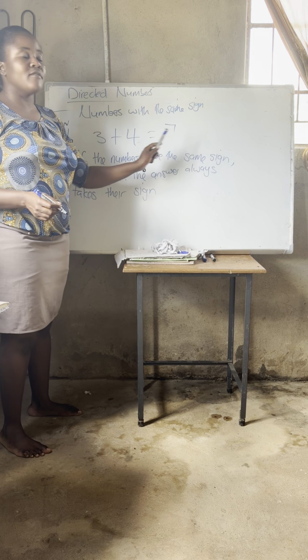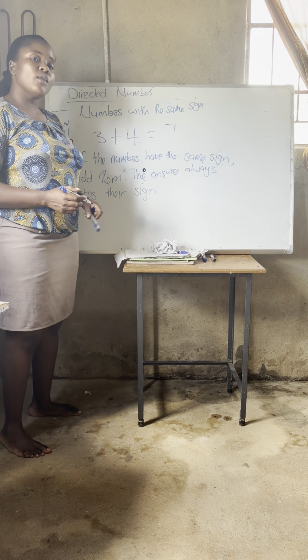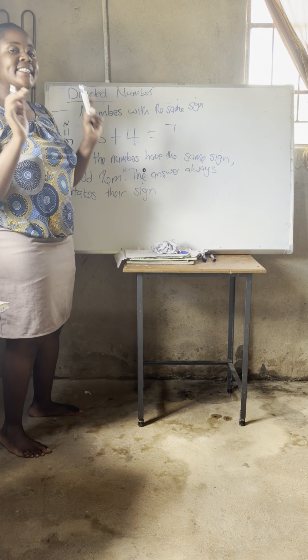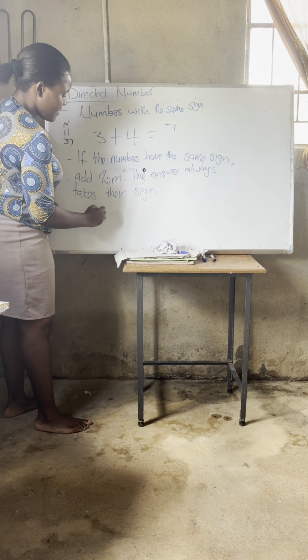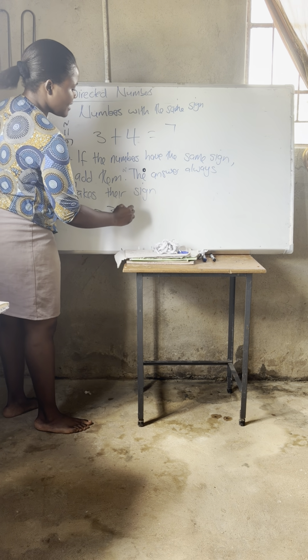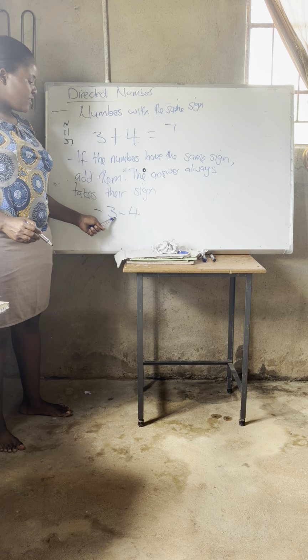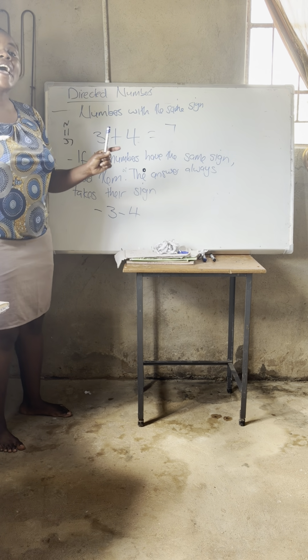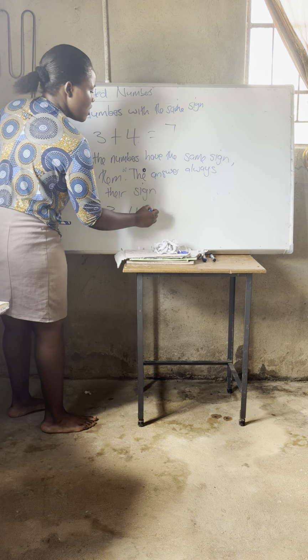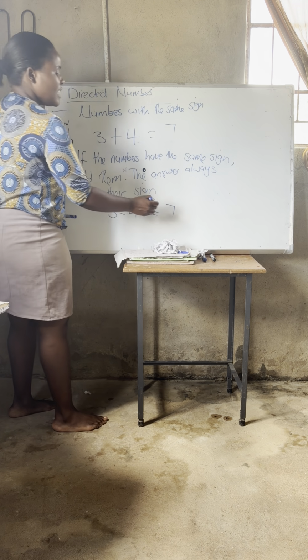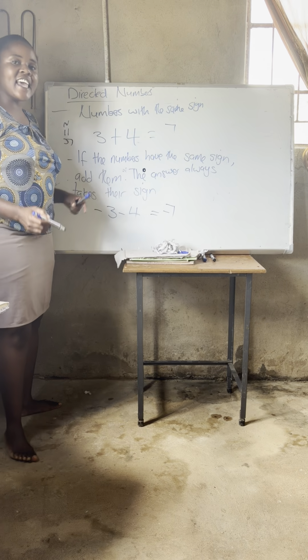Both are positive. We add and the answer also becomes positive. Now let's say we are given -3 minus 4. Here 4 is negative, 3 is negative. Add them, 3 plus 4, we get 7. Both are negative, so the answer takes their sign.